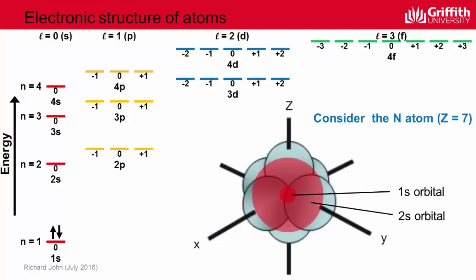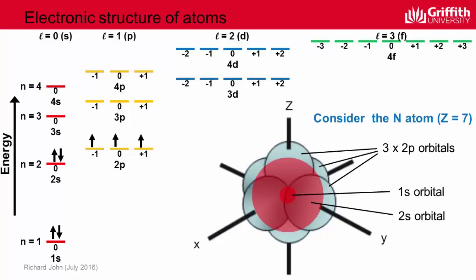There would be 2 electrons in the 2s orbital, and we can represent those 2 electrons by placing them in the 2s orbital there. And then there would be 3 electrons spread across each of the 3 2p orbitals, representing a total of 7 electrons.